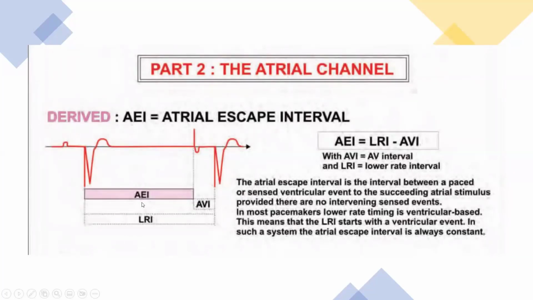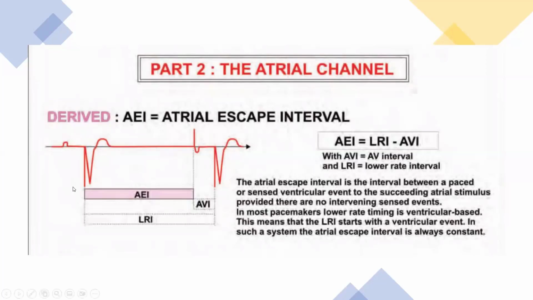What is the function of this interval? It is the time the device will wait before firing in the atrium, waiting for a new P wave. If this time ends without a native P wave, the pacemaker will fire the pacing spike in the atrium, causing atrial pacing and a new P wave, which is then conducted to the ventricle.